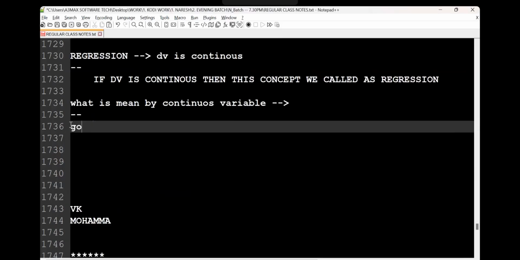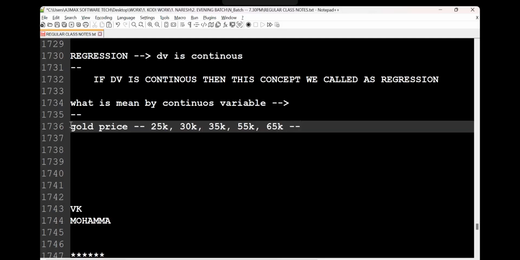For example, gold price. Gold price keeps increasing or not? Four years back, it was 25,000. Then 25K, then 30K, then 35K, then 55K, then 65K, and it goes on or not?